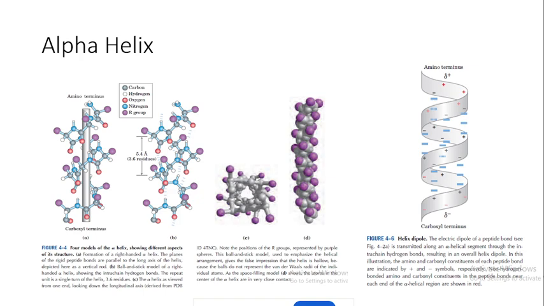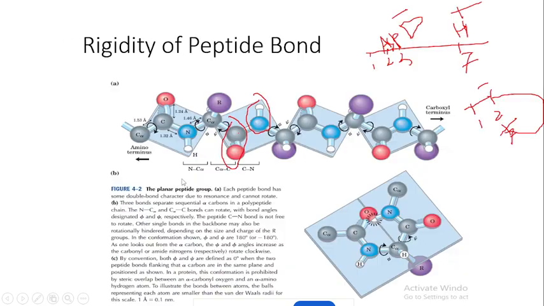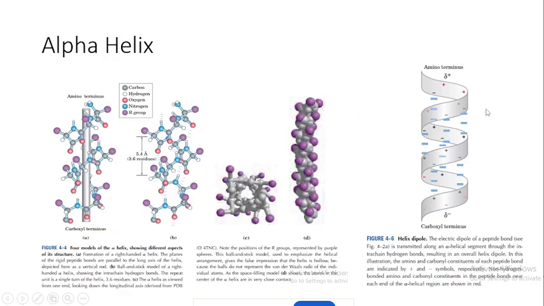So for example, here you can see that these amino acids are forming a helical shape. If you see the backbone, this is a kind of helical shape. As I told you, these structures are achieved by interactions. Here, suppose this is your nth amino acid, then the CO group oxygen will interact with the n plus fourth amino acid.